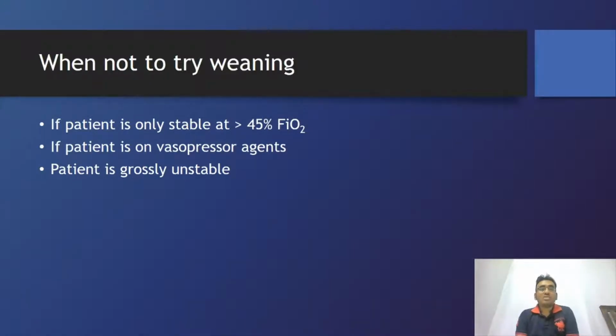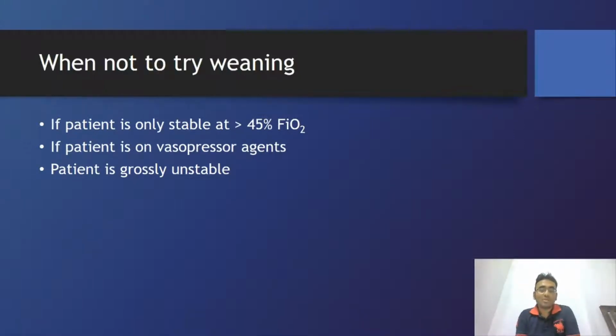If the patient is stable only at more than 45% fractional oxygen, meaning that while monitoring oxygen saturations, you reach only 90 to 93% when the FiO2 is more than 45%, that is not a good thing. It means the patient is not stable.